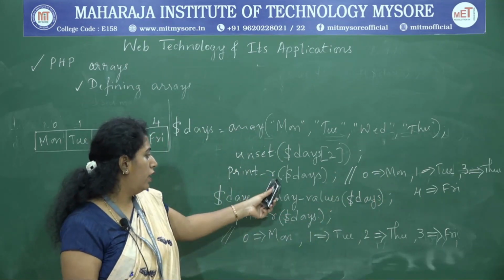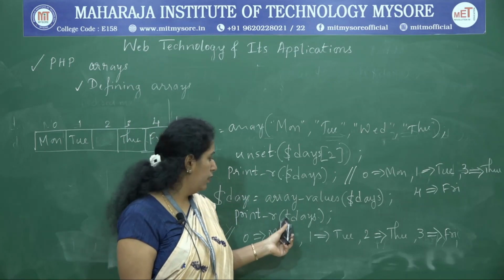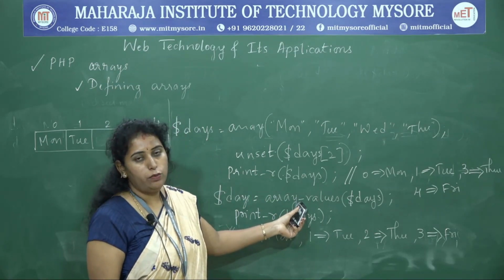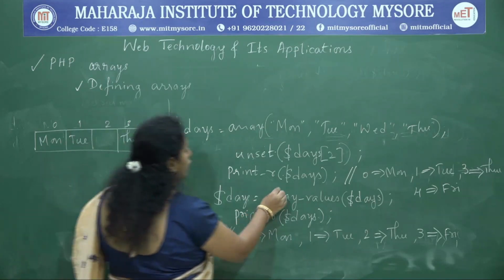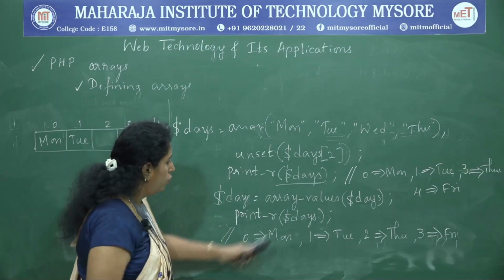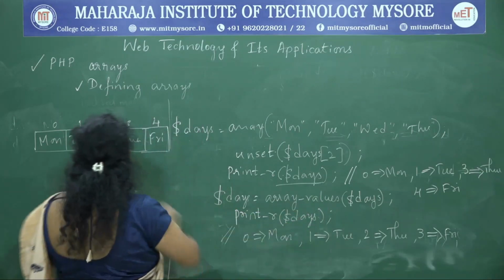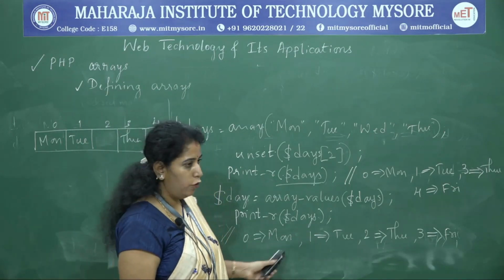Yes. Here it is working with respect to keys and here with respect to values. When you use array_values, it just concentrates on the values. So this is the output.